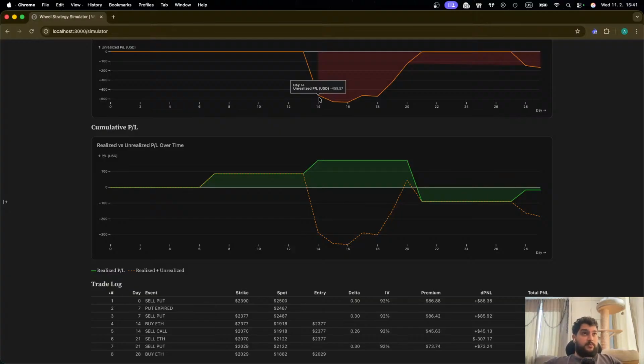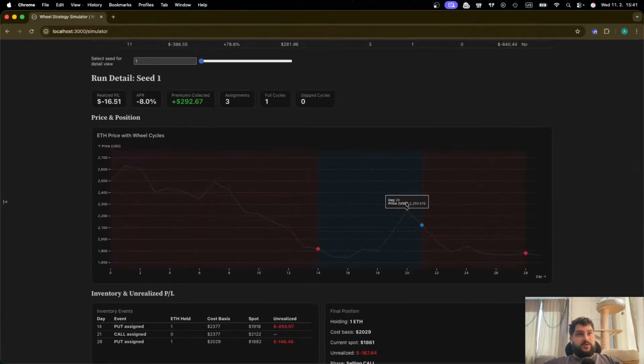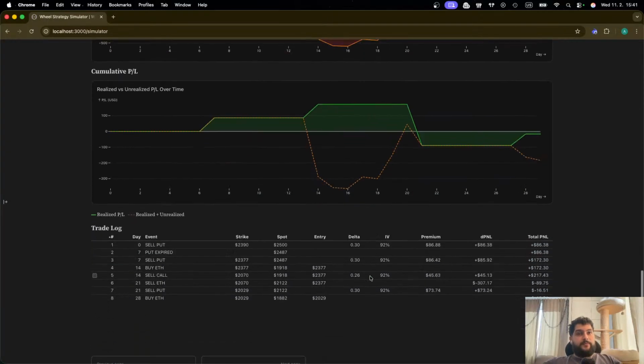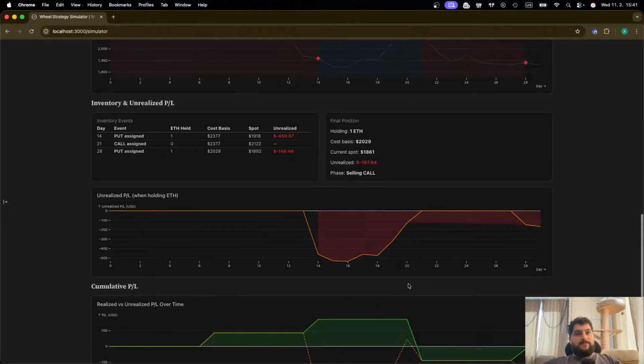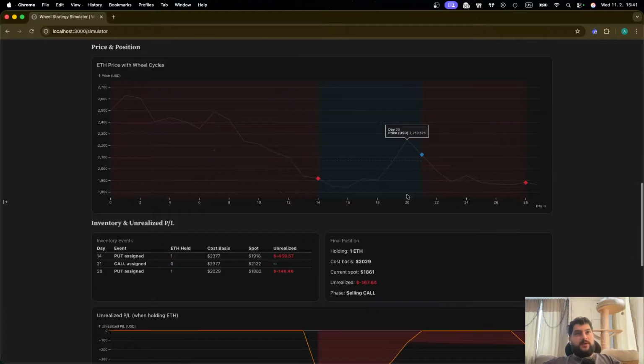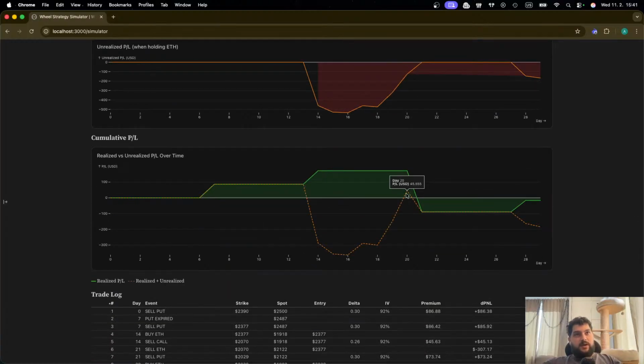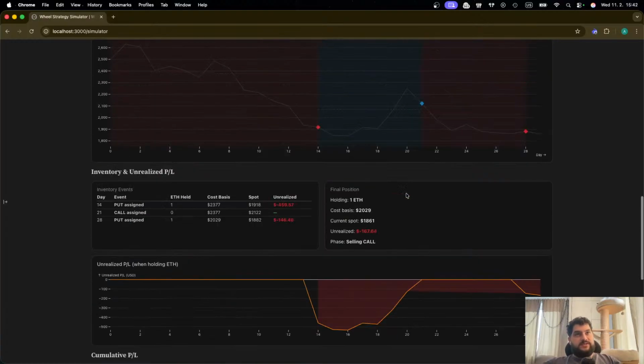And then the price of an asset just went up. So on the day 20, our PNL was actually positive.